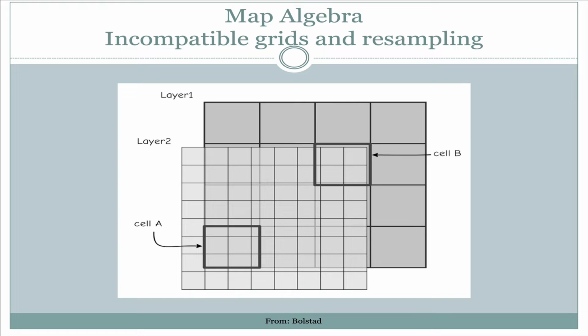They're offset, and they're different sizes, and all of this leads to the fact that we have to resample one of these grids to fit with the other before we can do any sort of raster analysis. With raster analysis, we're always assuming one grid cell lines up with another grid cell in a different layer in order for the analysis to take place.